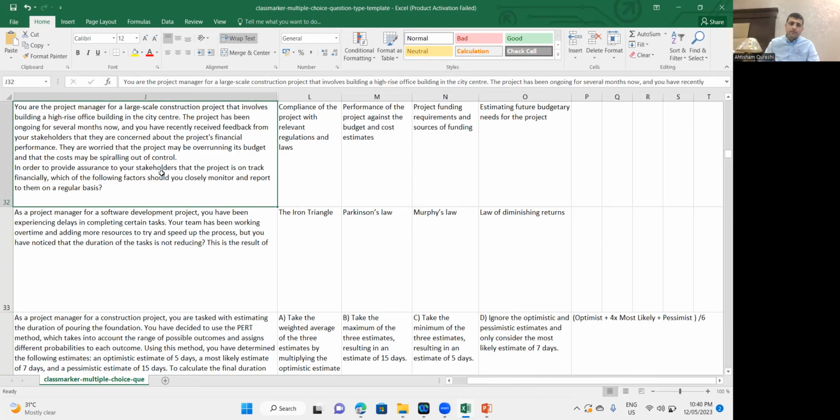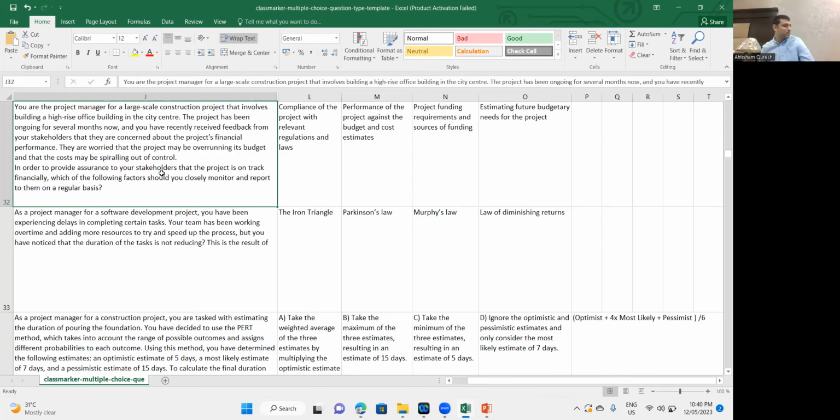In order to provide assurance to your stakeholders that the project is on track financially, which of the following factors should you closely monitor and report to them on a regular basis? A, compliance of the project with the relevant regulations and law. B, performance of the project against the budget and cost estimates. C, project funding requirements and source of funding. D, estimate of future budgetary needs for the project.